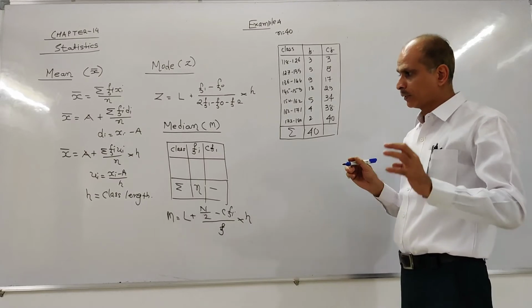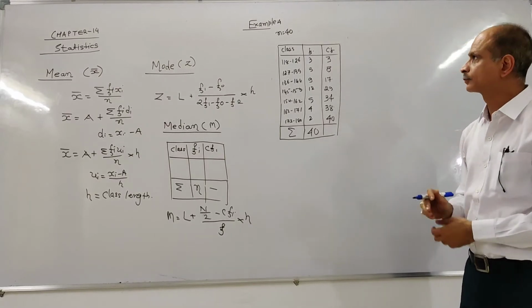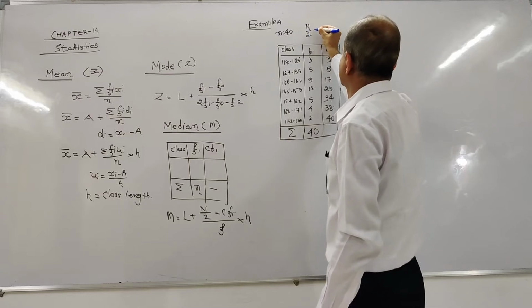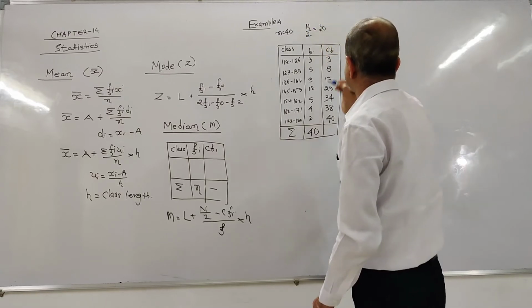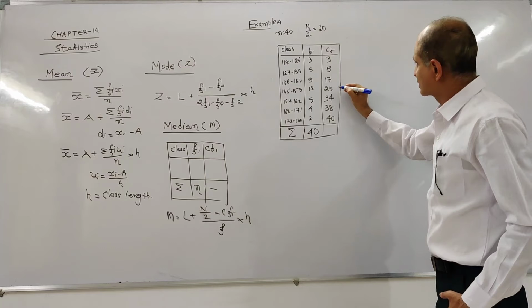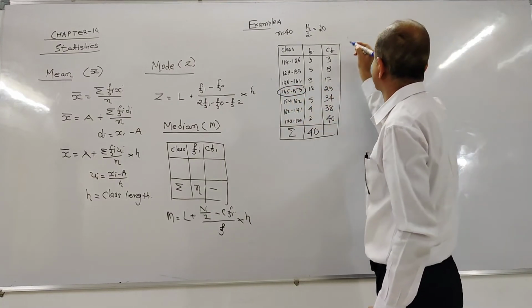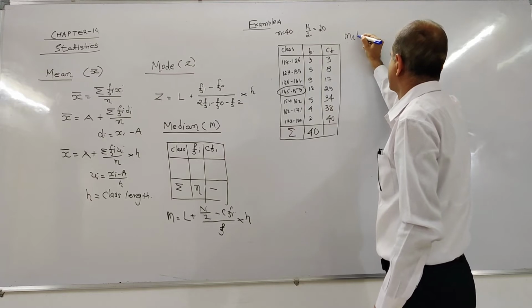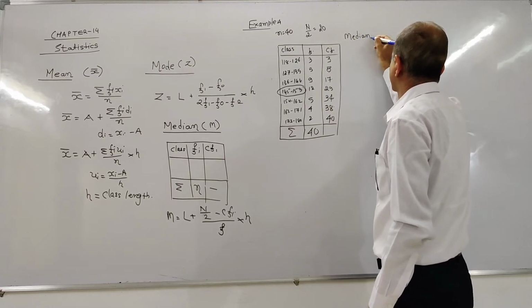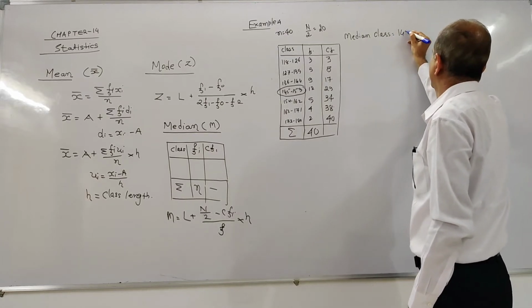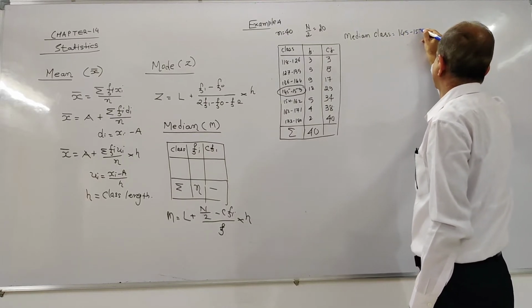Well, first of all you have to find out the median class. So n is equal to 40. Therefore n by 2 is equal to 20. So the 20th observation lies in this group. So this group is known as the median group. Let me write down: median class is equal to 145 to 153.